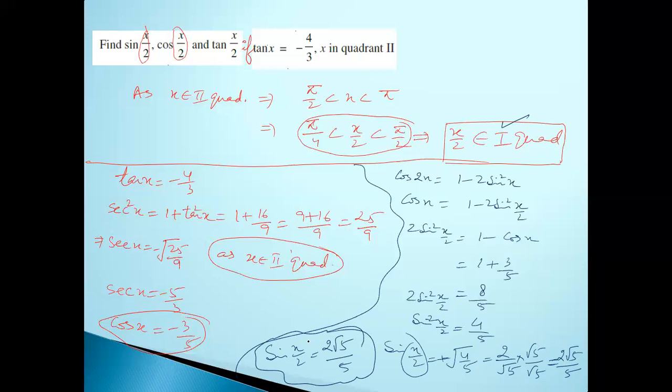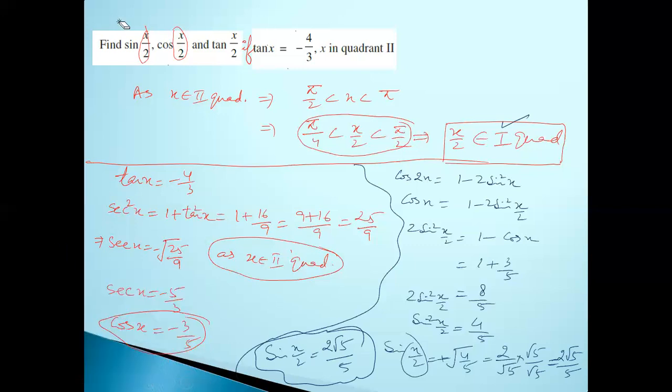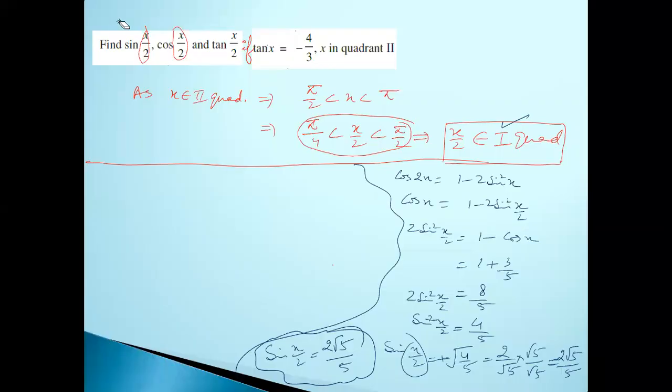Now using the identity of cos, we can find the value of cos x/2. How can I find it? Let's see. Using the identity, cos square x/2 equals 1 minus sin square x/2.